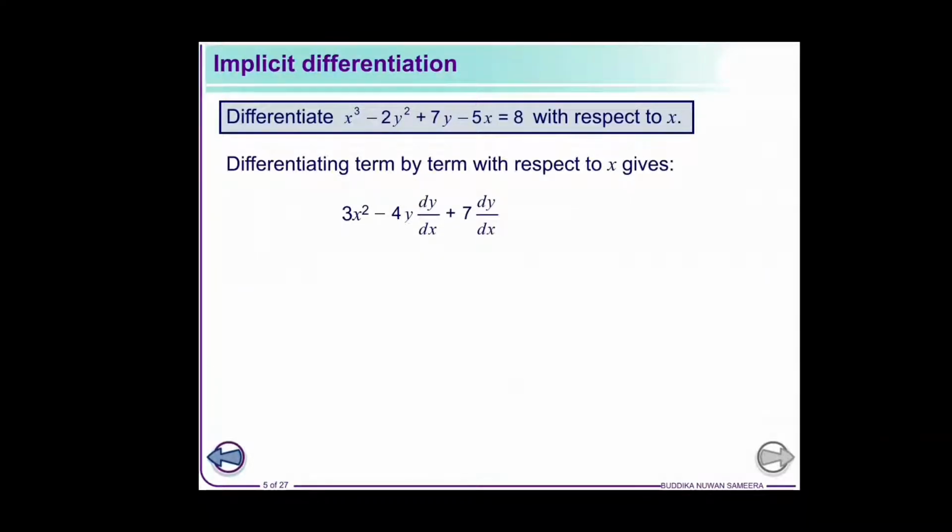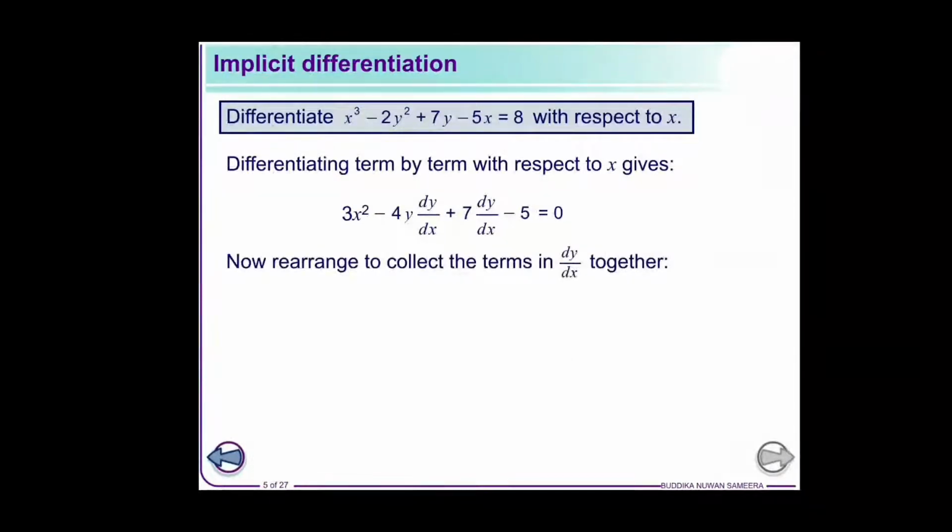When you differentiate 7y, the answer is 7. Then you have to change the subject, that means you have to multiply it by dy over dx. When you differentiate minus 5x, the answer is minus 5. Equal, when you differentiate 8, the answer is 0.